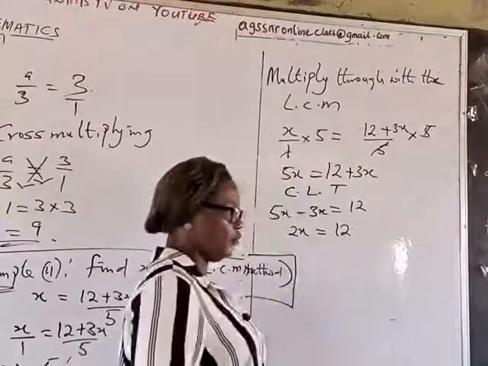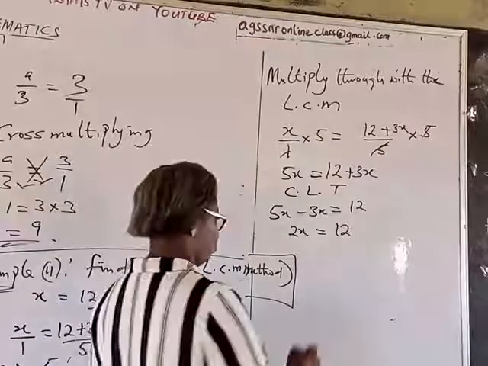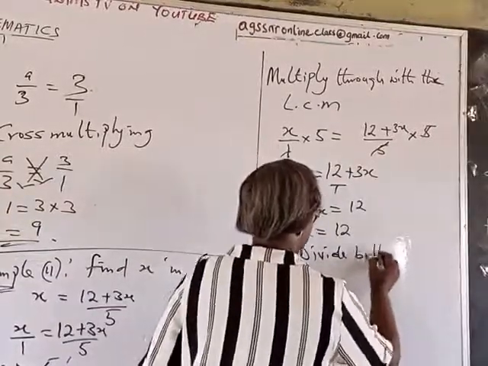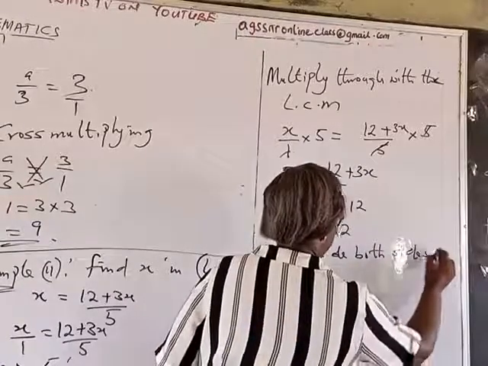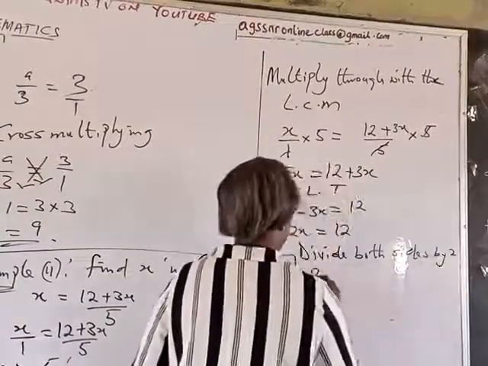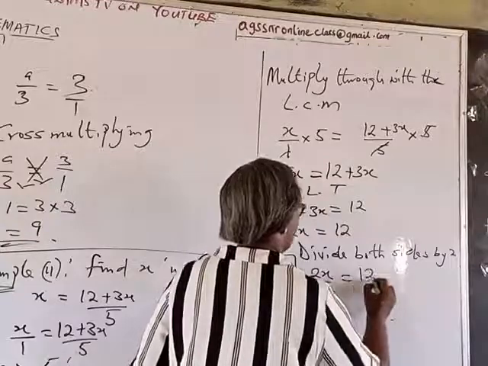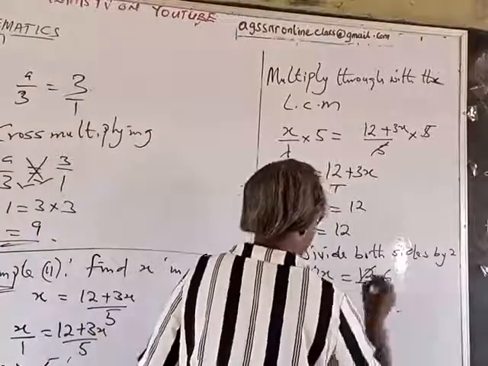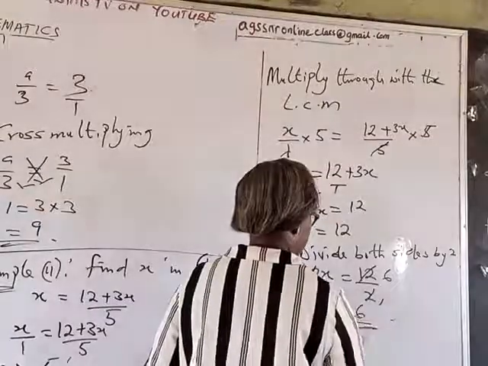It is x we are looking for, that means we divide both sides by 2. And so we have 2x over 2 equals 12 over 2. Then our x equals 6.